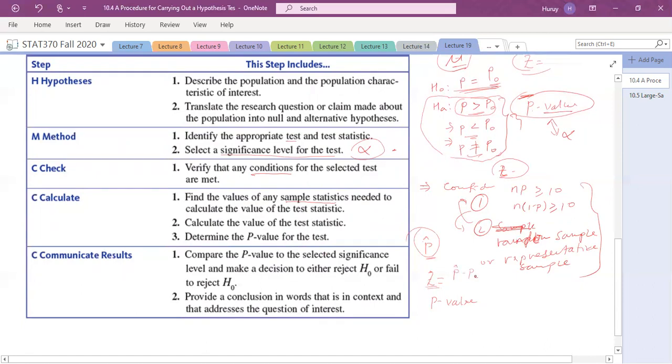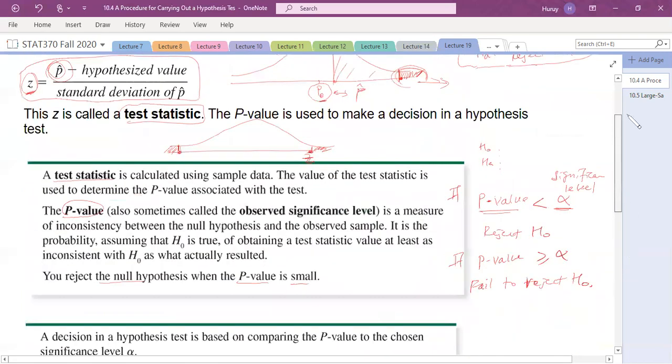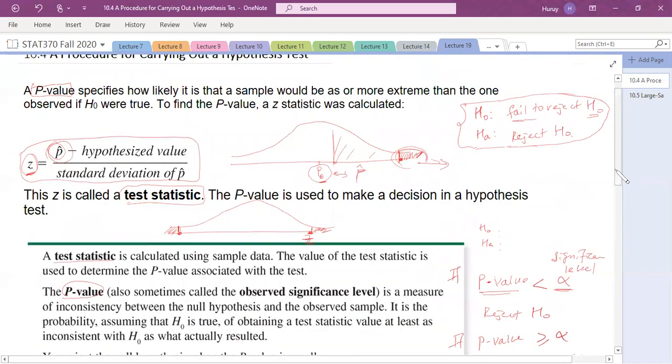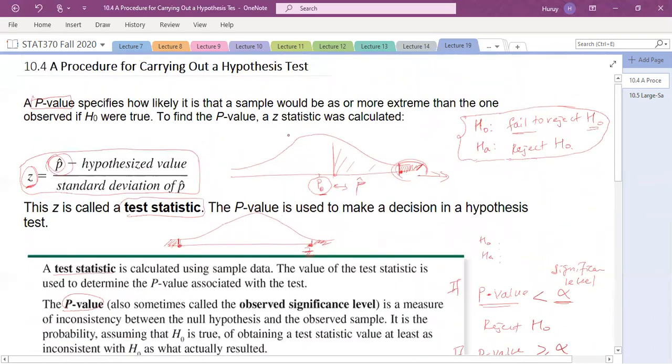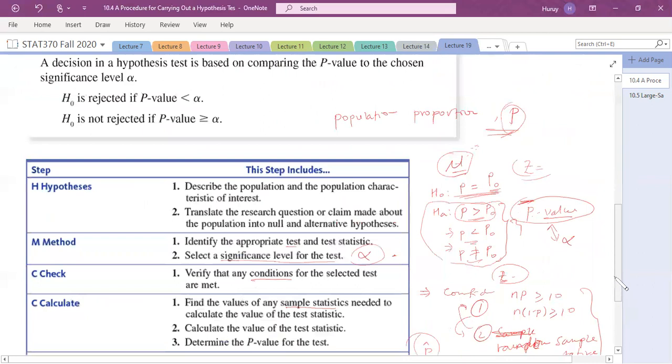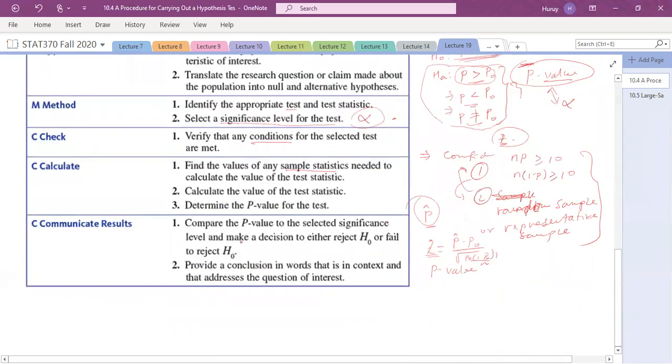It's p hat minus p sub naught over the square root of p sub naught times 1 minus p sub naught over n. I have it in the next slide. Then once you have the p-value, compare your p-value with alpha, the significance level, and make your decision whether to reject H naught or fail to reject H naught.